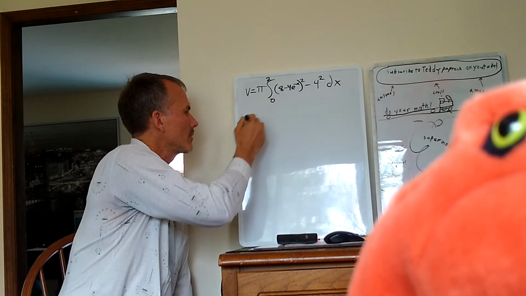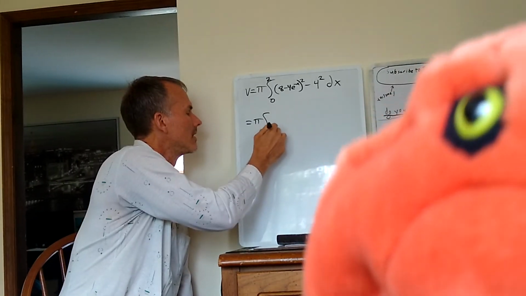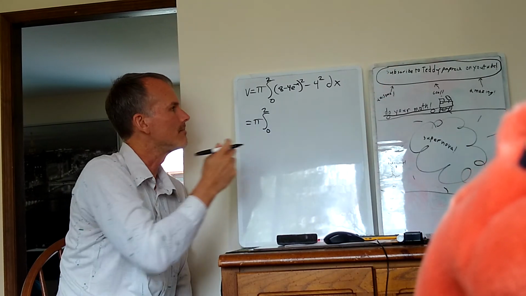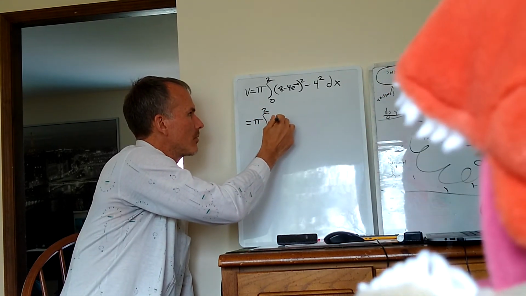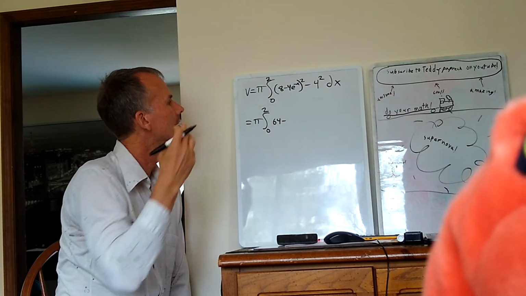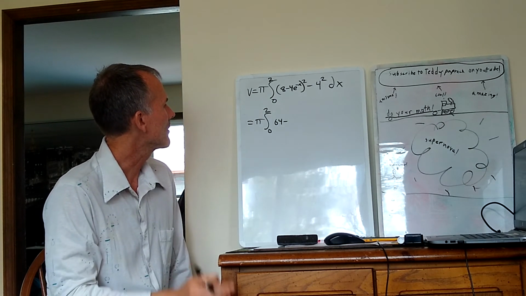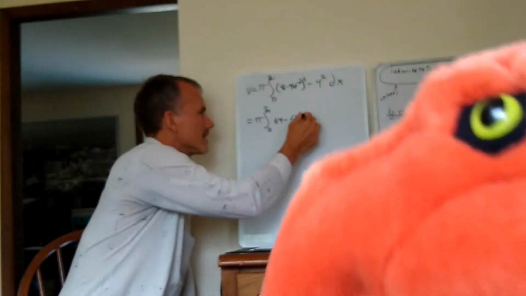The first thing I'd want to do is probably expand out that expression. I'm going to have to FOIL that. That'll be 64 minus 32 e to the negative x minus another 32 e to the negative x, so 64 minus 64 e to the negative x.